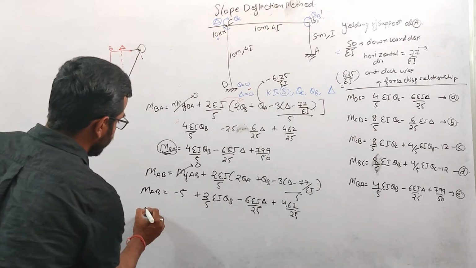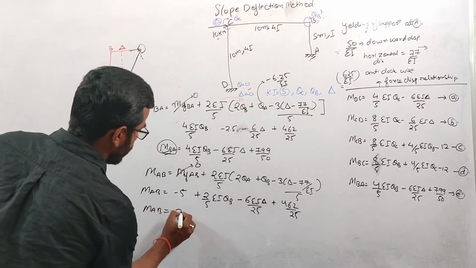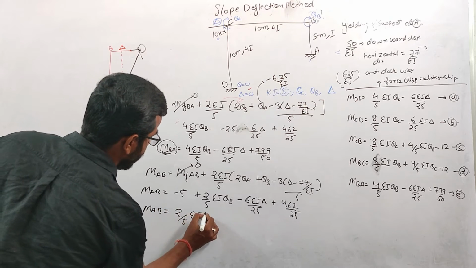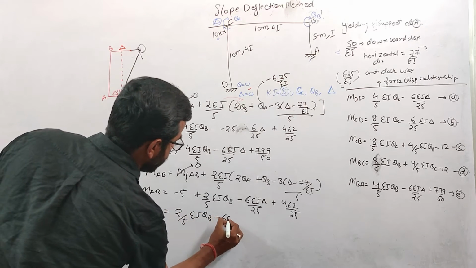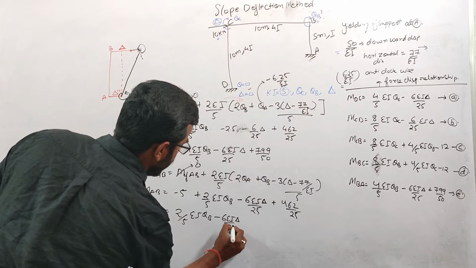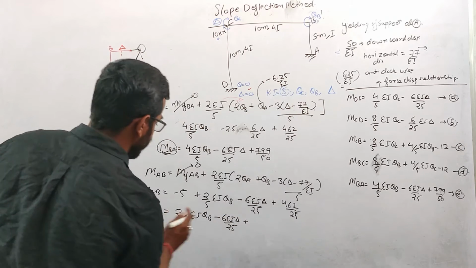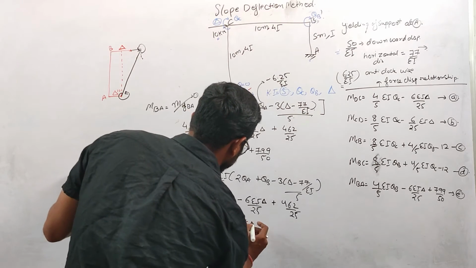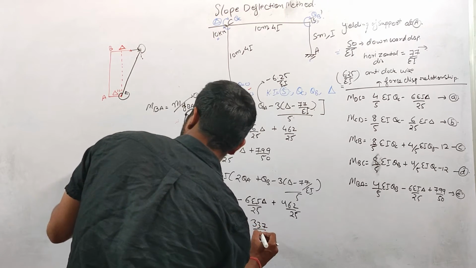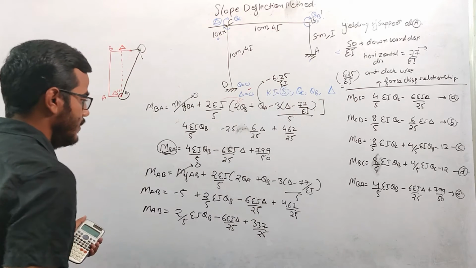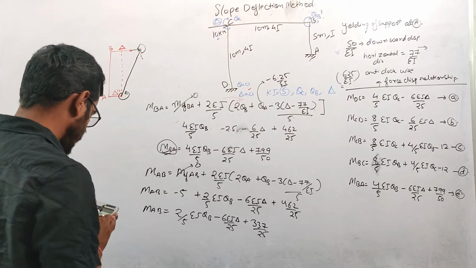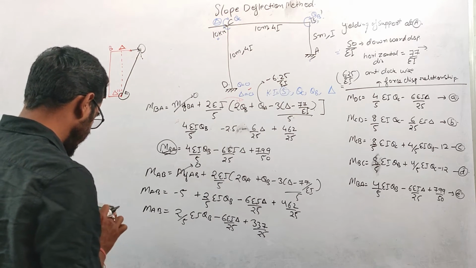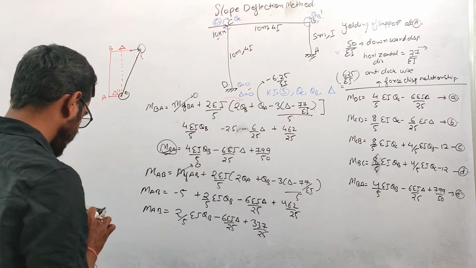Okay, so if we again solve this equation, MAB equals 2 over 5 EI theta B minus 6 EI delta over 25, and this value is minus 5. This is 337 over 25, right? 462 divided by 25 minus 5.